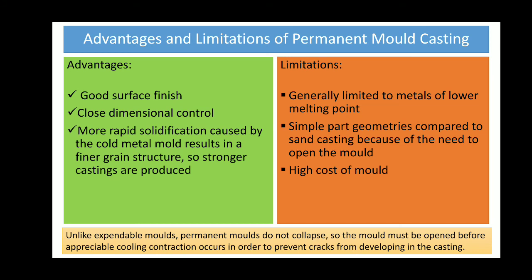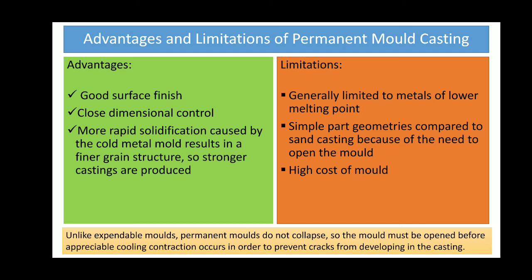Generally the advantages include good surface finish, because we already do the coating, as I have already discussed, so the roughness is minimized. Close dimensional tolerance control is also possible. And more rapid solidification caused by the cold metal mold results in a finer grain structure, so stronger castings are produced.